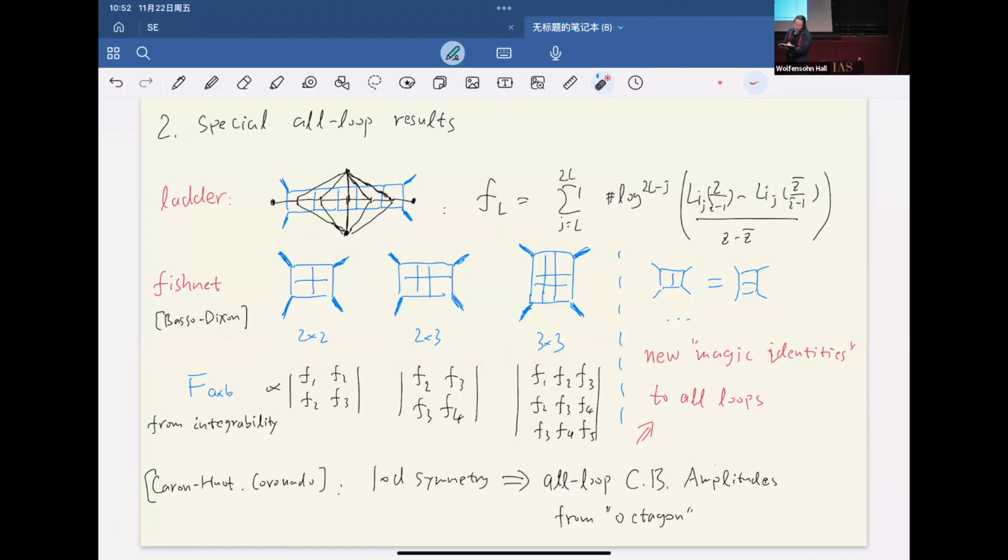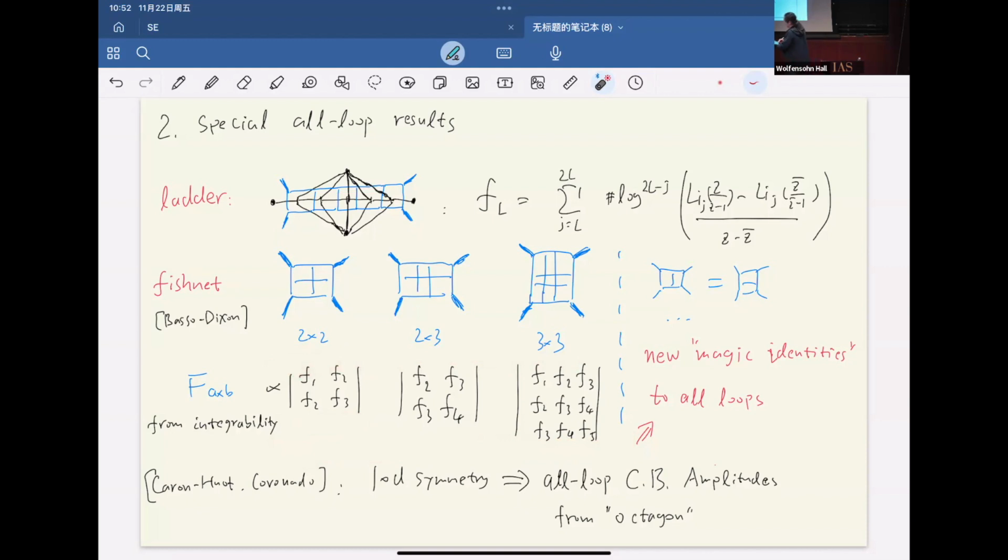And very remarkably, this fishnet graph is given by the determinants of ladders. This is something that's been understood from integrability on the physics side, but basically from something totally different. No one has been able to see, even from perturbation theory, why this integral evaluates to some determinant of ladders.